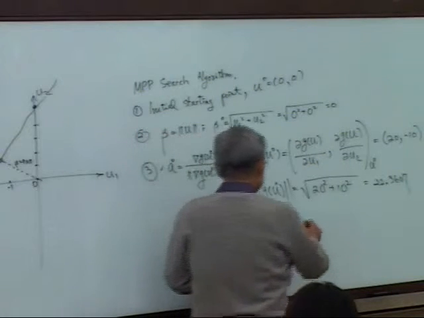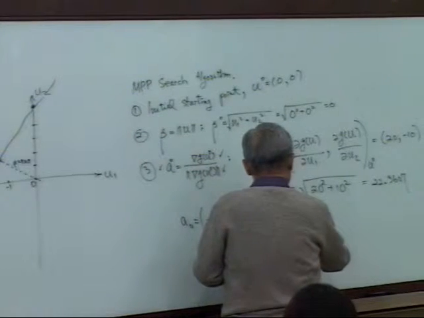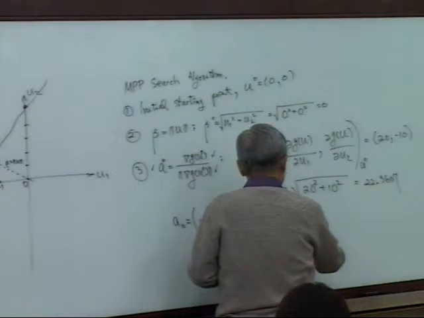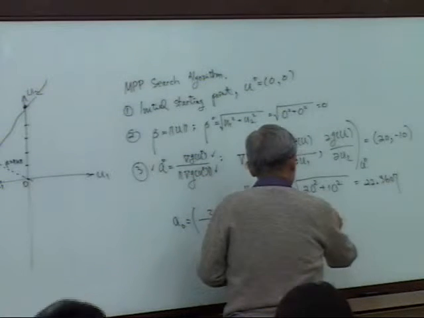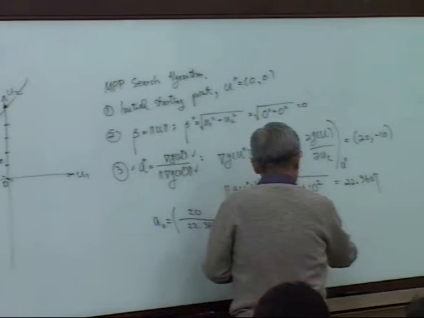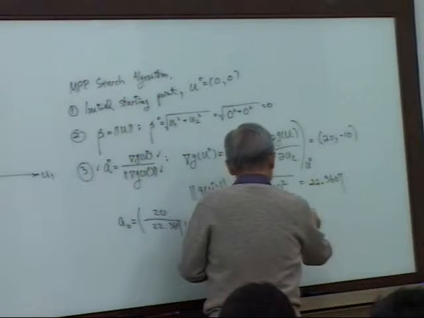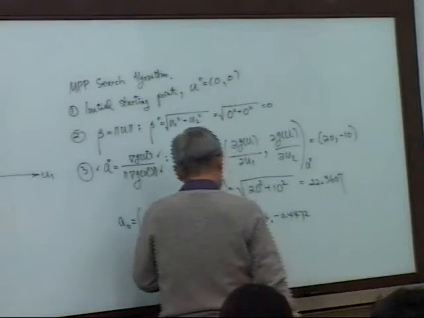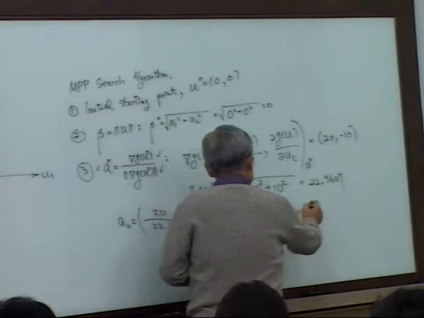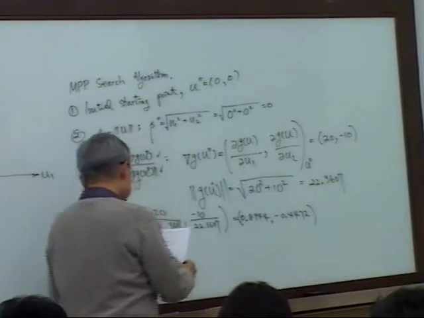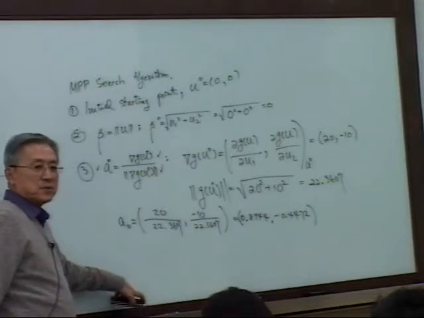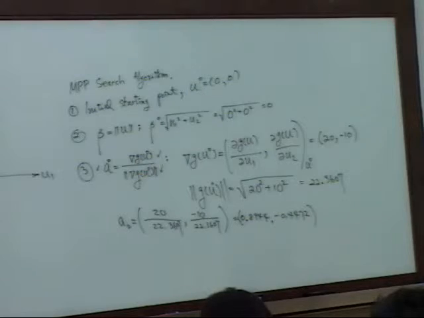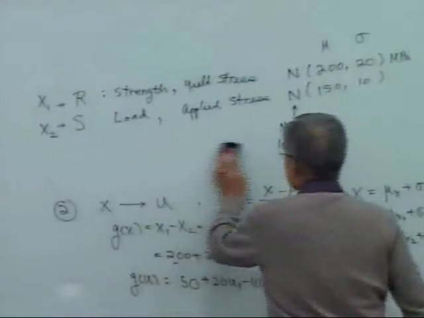So if you do this, it is 0.8944 and minus 0.4472. Pretty systematic. For programming, it shouldn't be that bad. You could do it very systematically.